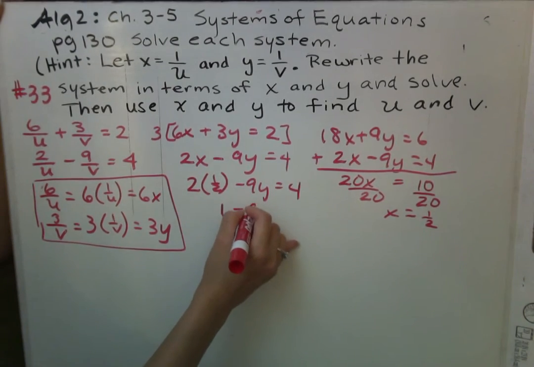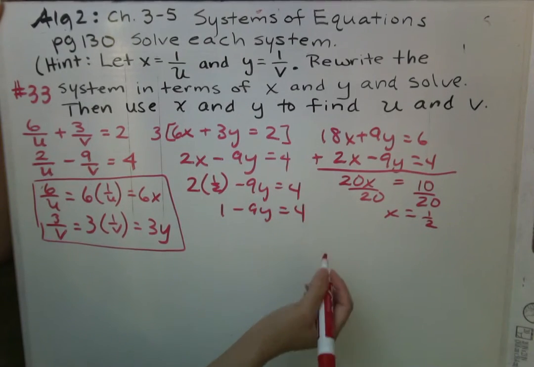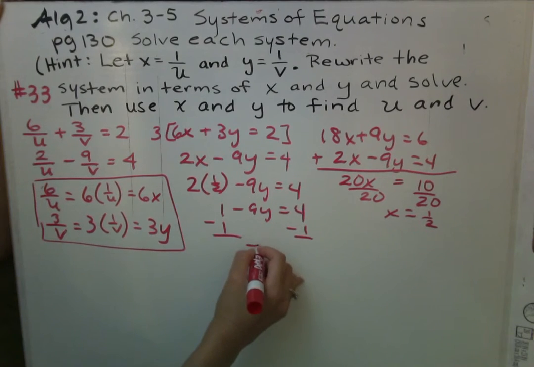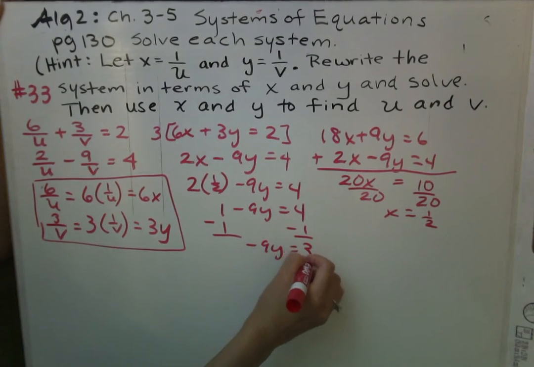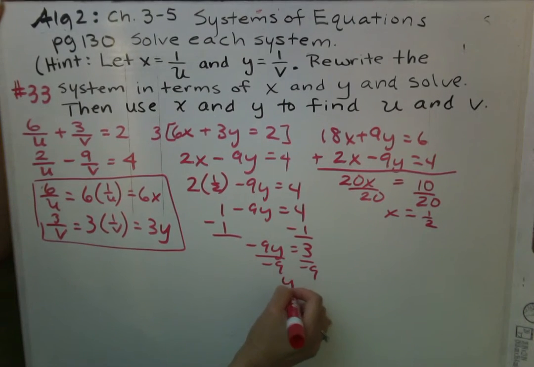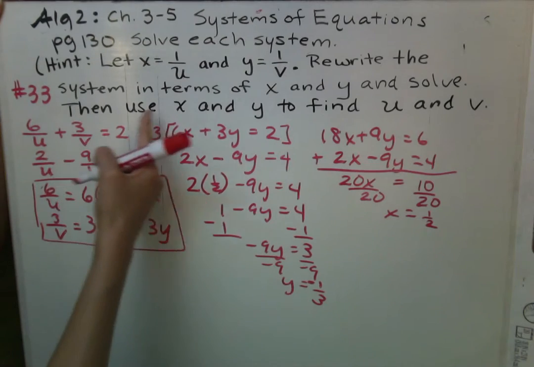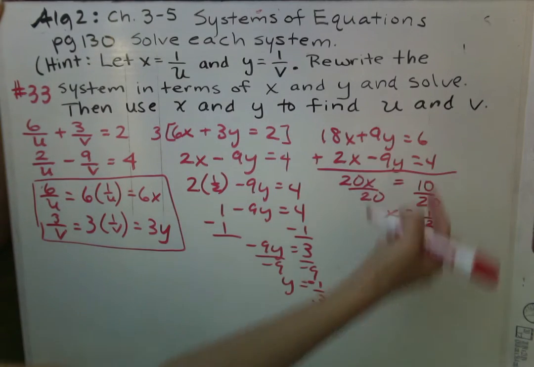This becomes 1. We subtract 1 from both sides and get negative 9y equals 3. Divide both sides by negative 9, and we get y equals negative 1/3.